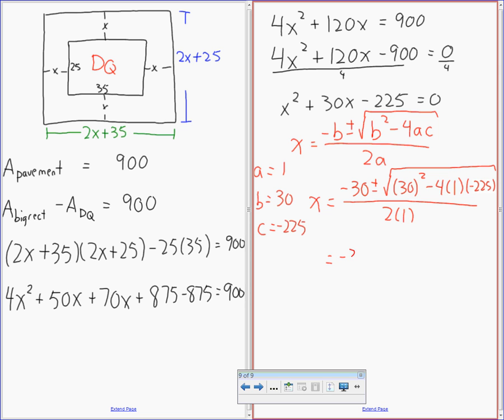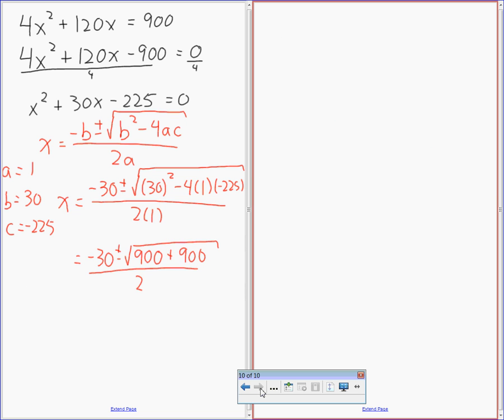So that's going to be negative 30 plus or minus the square root of 900 plus 900 all over 2. So x equals negative 30 plus the square root of 1800 all over 2, or x equals negative 30 minus the square root of 1800 over 2.